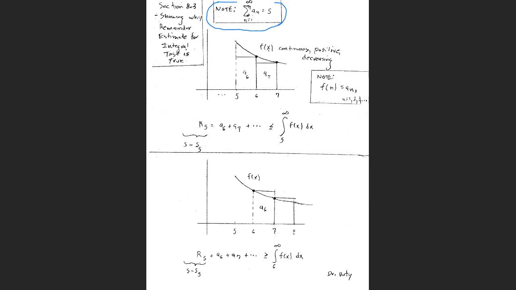So I have here a function f of x that's continuous, positive, and decreasing. Notice that the nth term of the series I'm defining as f evaluated at n. So a sub n is equal to f of n times 1.